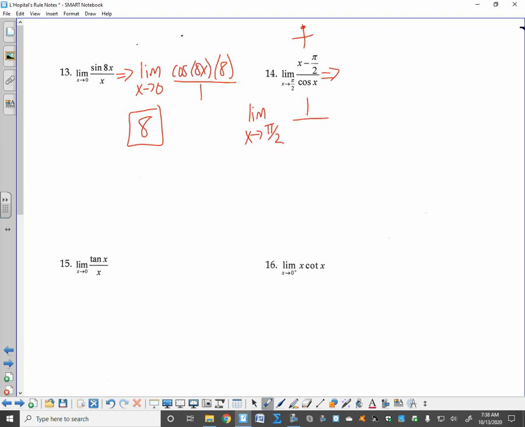Pi over 2 is a constant, so that's 0. And then the derivative of cosine is negative sine of x, so that's 1 over, all right, pi over 2 is 0, 1. So sine of pi over 2 is 1, and it's negative. So negative 1.